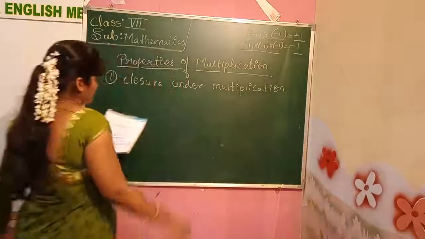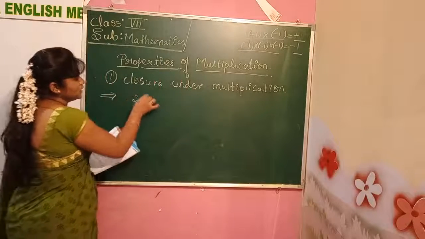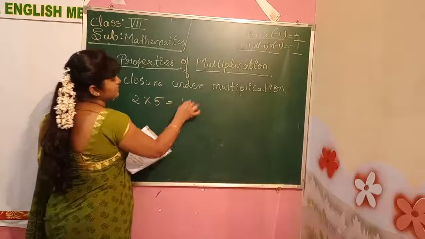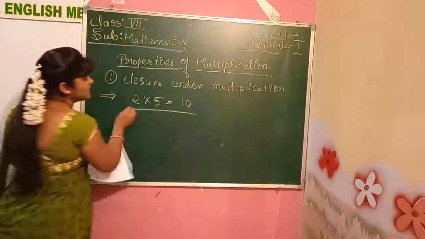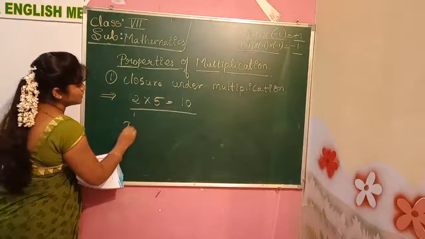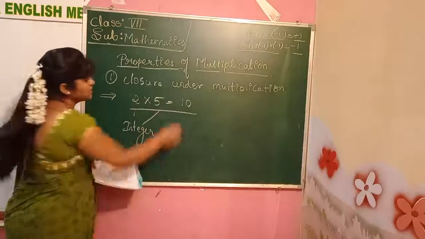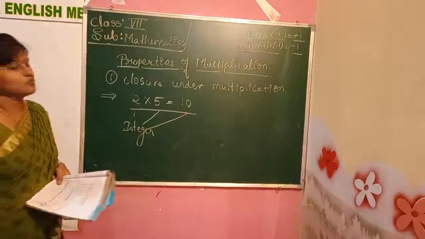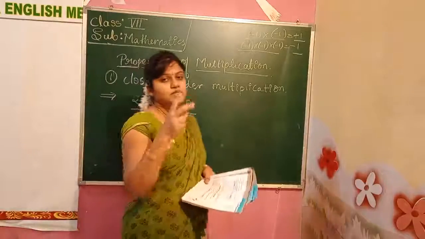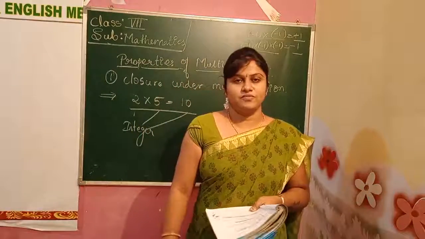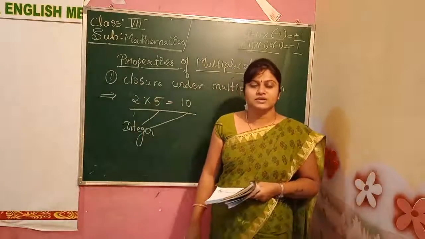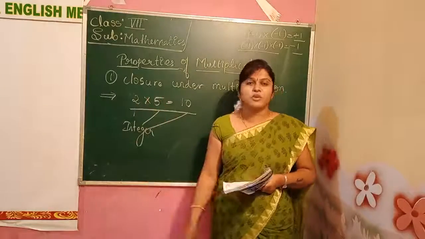For example, if you multiply 2 into 5, we get 10. 10 is also an integer. So when we multiply two integers, we get an integer itself. That is called the closure property.